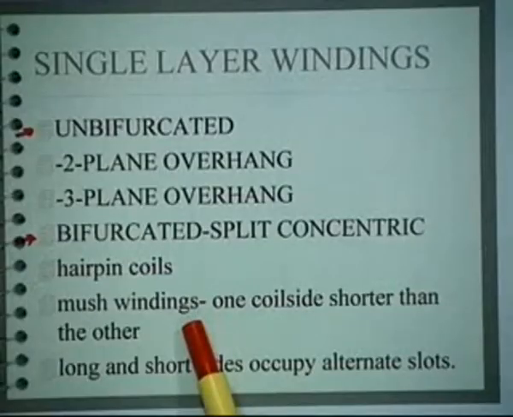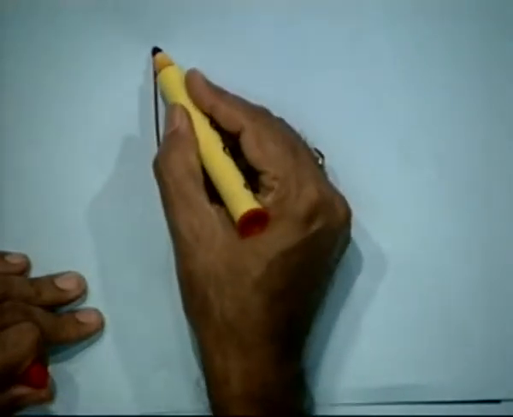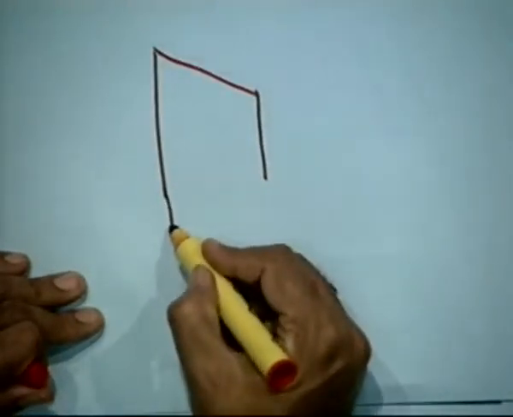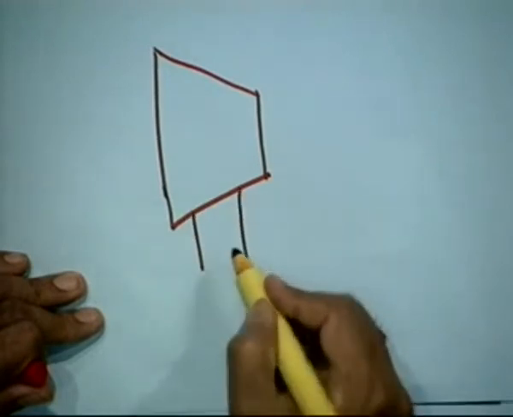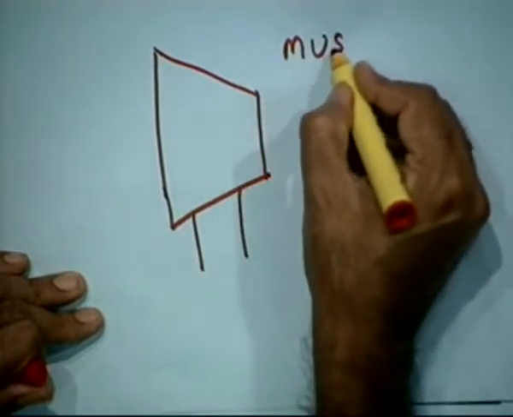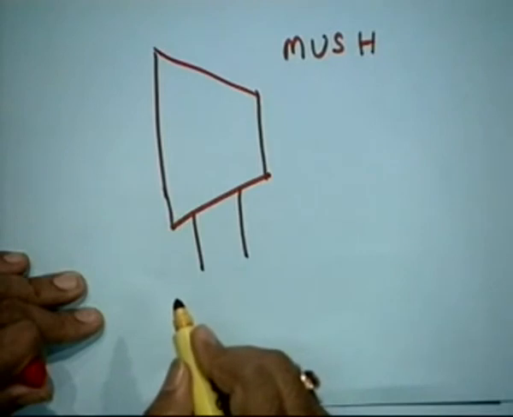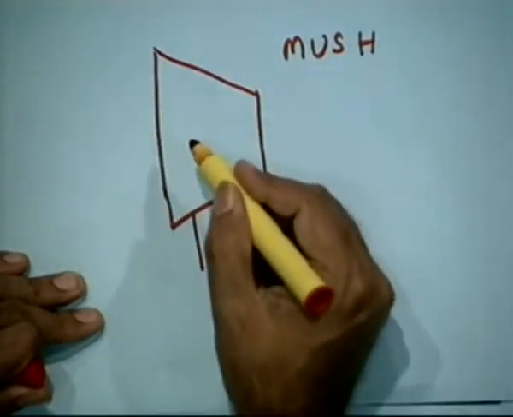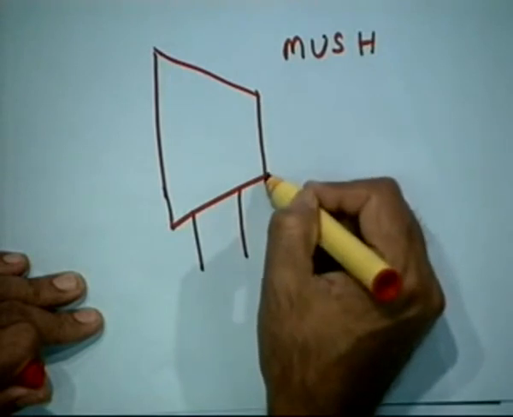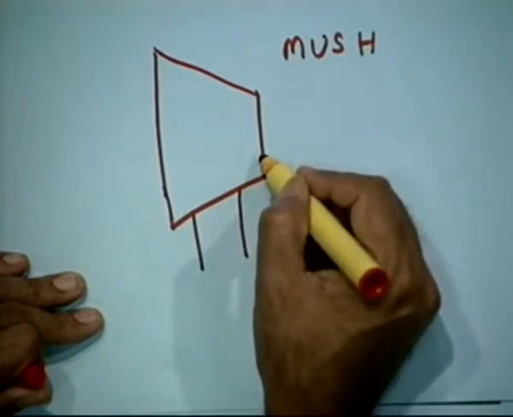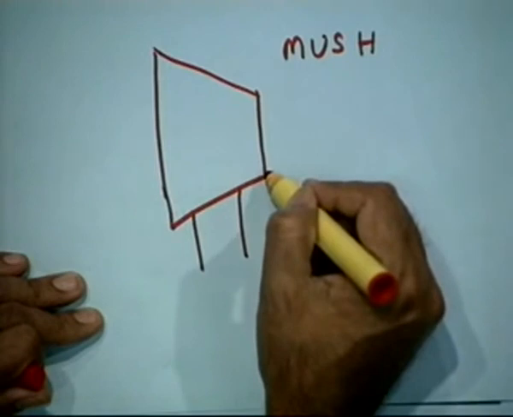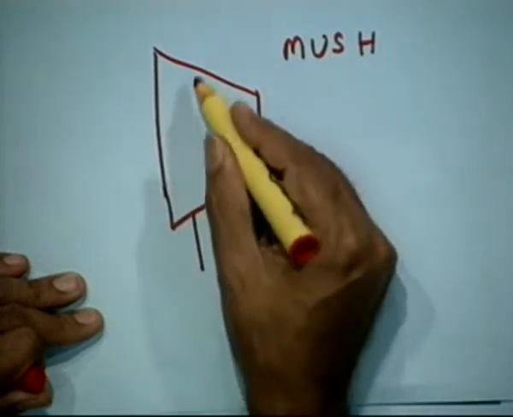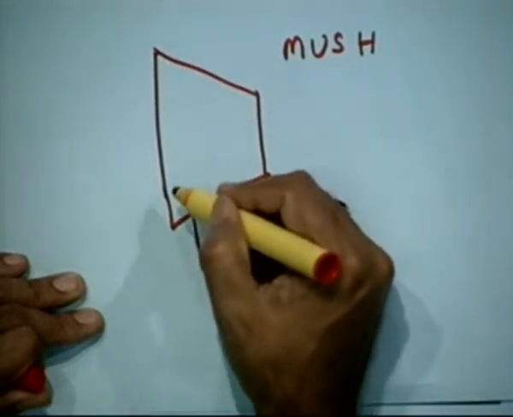There are what are called mush windings. Mush windings are where, if you have one coil, one side will be longer than the other. This is called mush winding. So a coil will have sides that are not the same. What they do is in single layer, these are all multi-turn. You push them into the slots, then slowly one after the other you try to put it into the other slot properly.